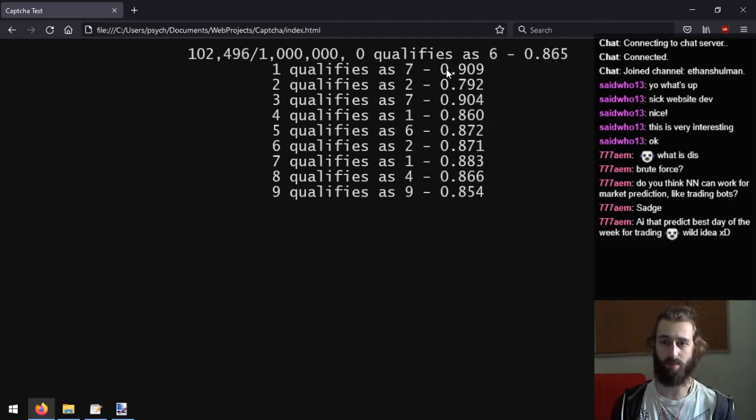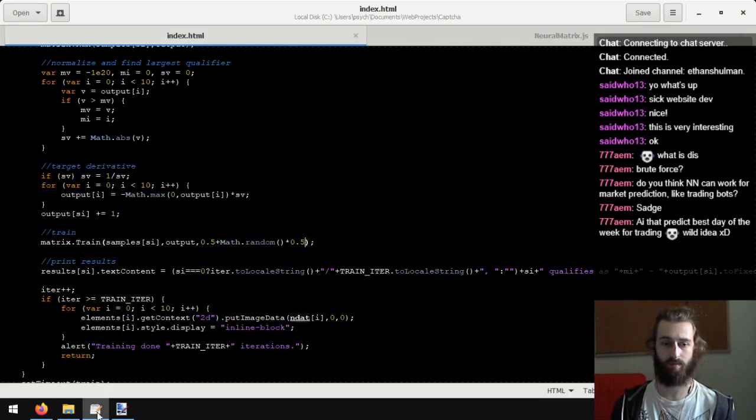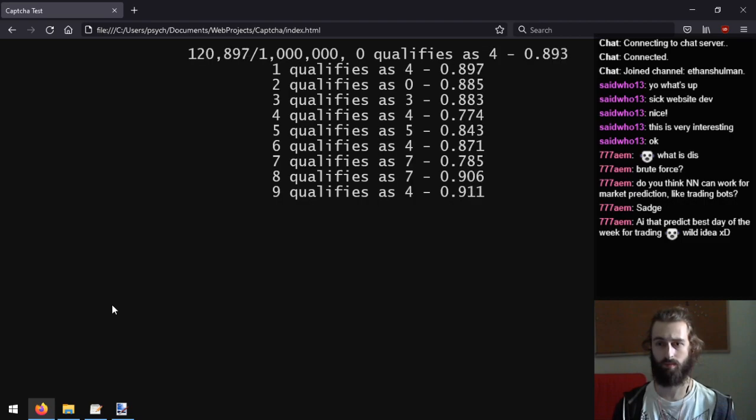This one's even spiking up to 1. Well, it's actually kind of focusing in on 1 and 2 here.